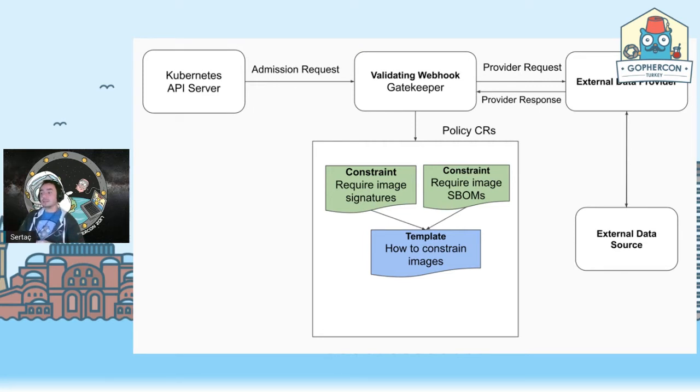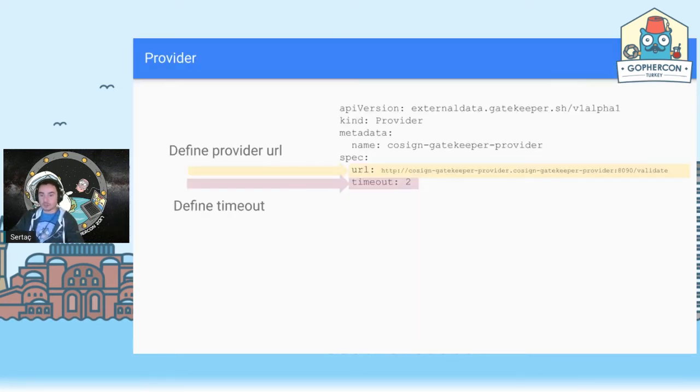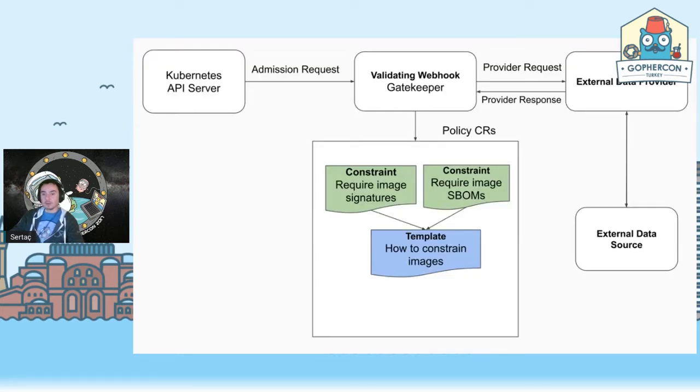Gatekeeper must answer yes or no, and then the API server can take an action. To say yes or no, Gatekeeper consults its policy configuration, which is this larger box at the bottom of the slide.